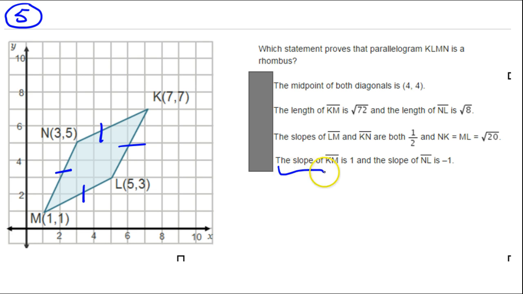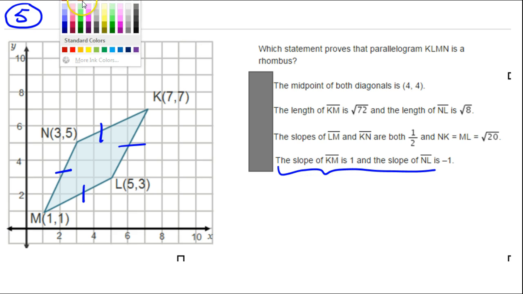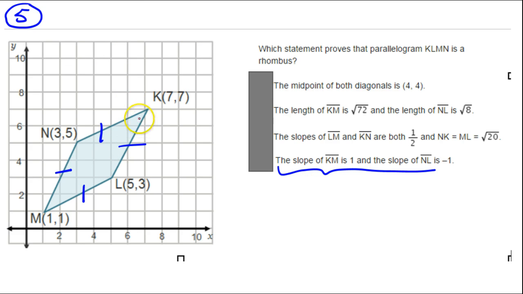This looks promising. All right, they're talking about KM. Okay, let me switch to pink for this. They're talking about KM. Actually, I'm going to do this. KM is a diagonal.